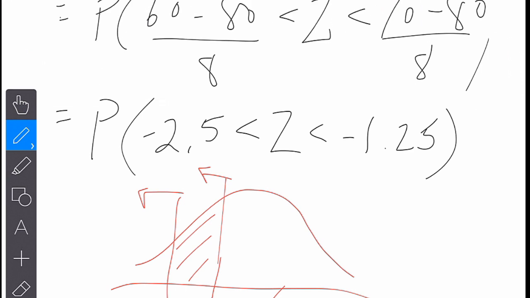So you should have your formula sheet at your side, you should have the tables by your side, and your calculator. So negative 2.5, this one is 0.0062. And then the other one, negative 1.25, is 0.1056.